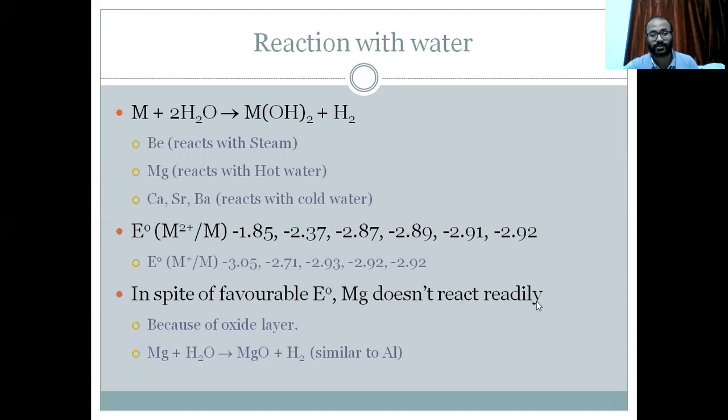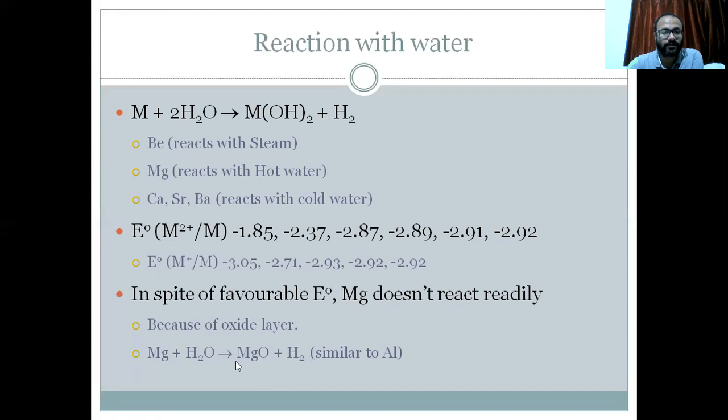Why is that so? Because when magnesium reacts with water, it forms an oxide covering over the metal. That protects the magnesium from further reacting with the water. So that is why its reactivity is pretty low, even though it has a very favorable E naught value.